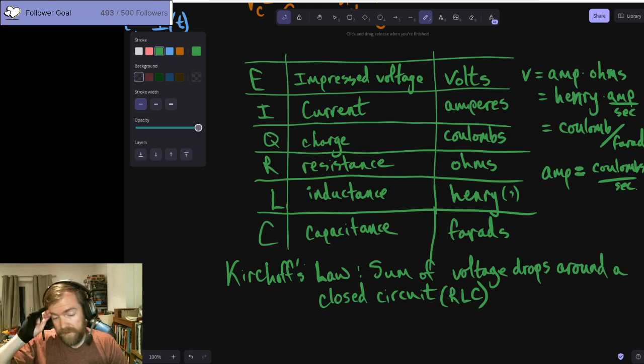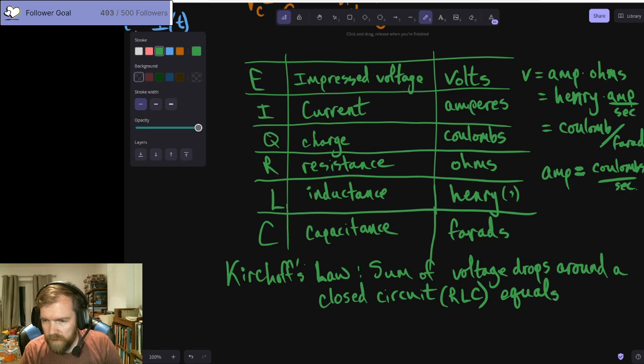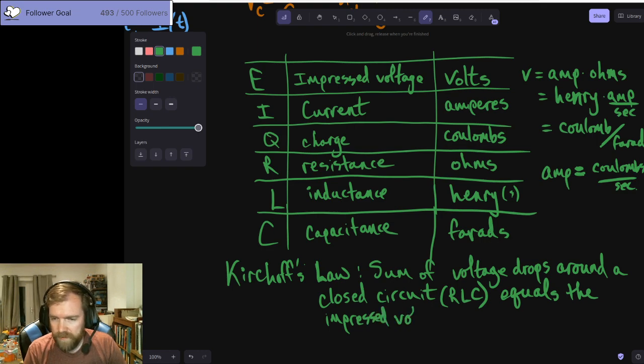If it has other stuff like an oscillator, we're not going to be able to use Kirchhoff's law directly. There has to be some sort of modification to it. Is going to be equal to the impressed charge. Sorry, impressed voltage. Wrong word. E of t.